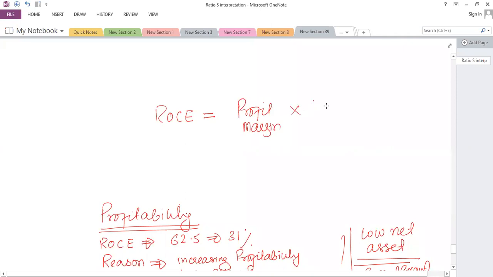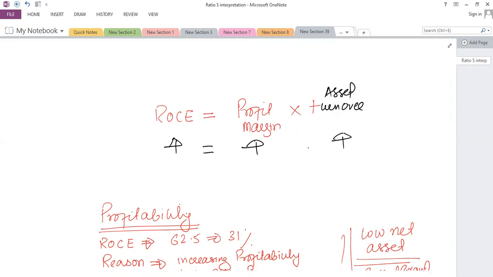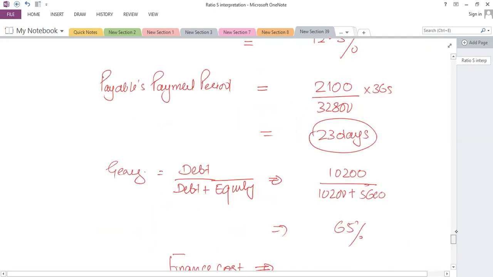So if you have to dig down further, you can say that if my ROCE has increased, one of the reasons is this, one of the reasons is this. In my case, my asset turnover is also good, and this is contributing to my return on capital employed as well. Okay, so this is the overall profitability.